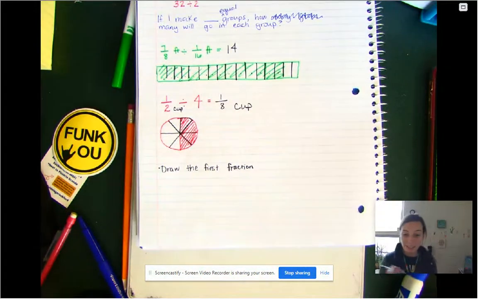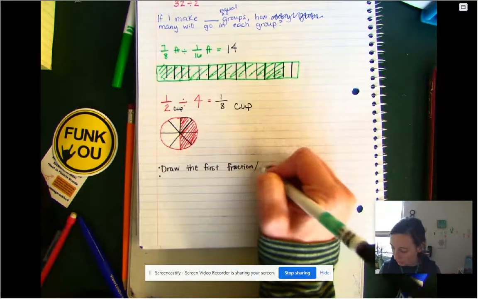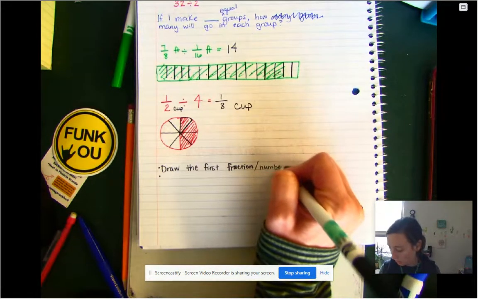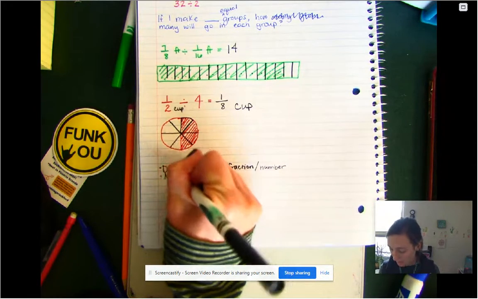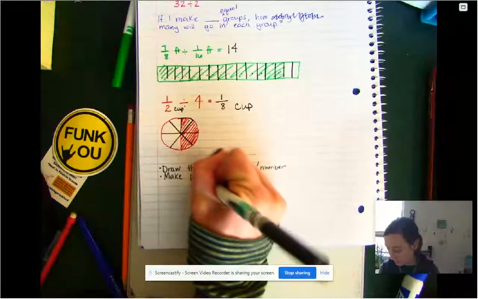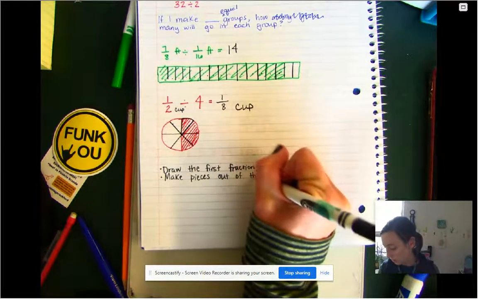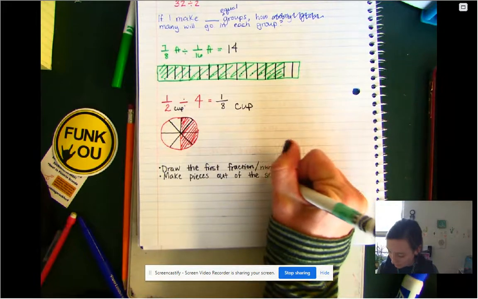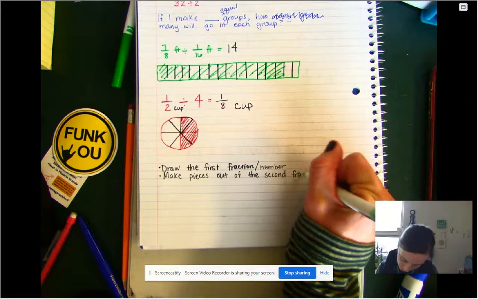And then you're going to split it up by the second number. Oh, I should say fraction slash number because you might get a whole number. Make pieces out of the second fraction slash number.